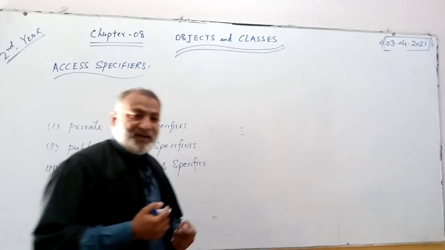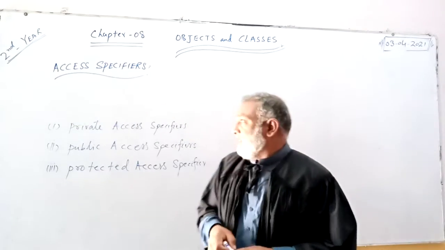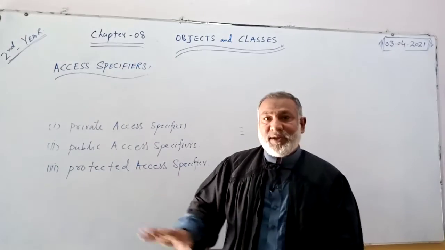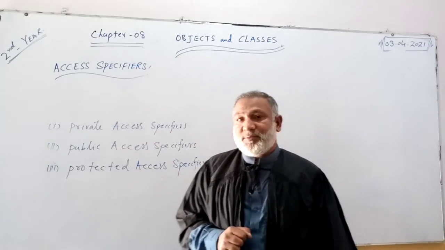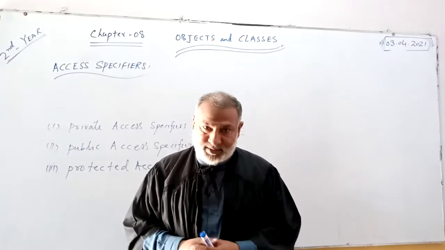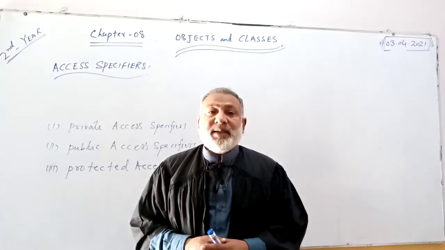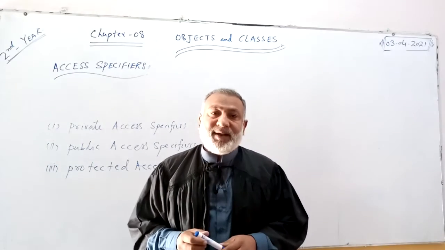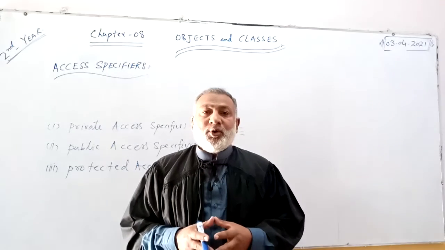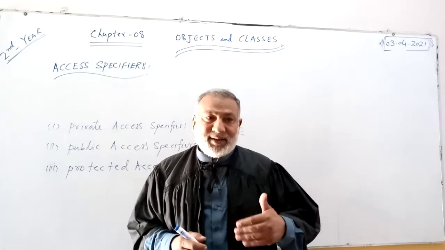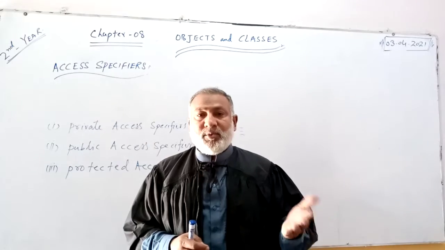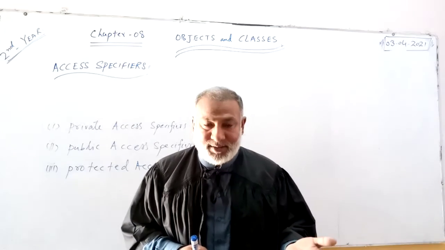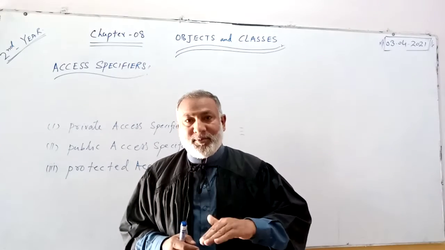We have three access specifiers, namely the private access specifier, the public access specifier, and the protected access specifier. The main and sole purpose of the access specifier is to see where the members can be used, where they can be accessed, and where they cannot be accessed.